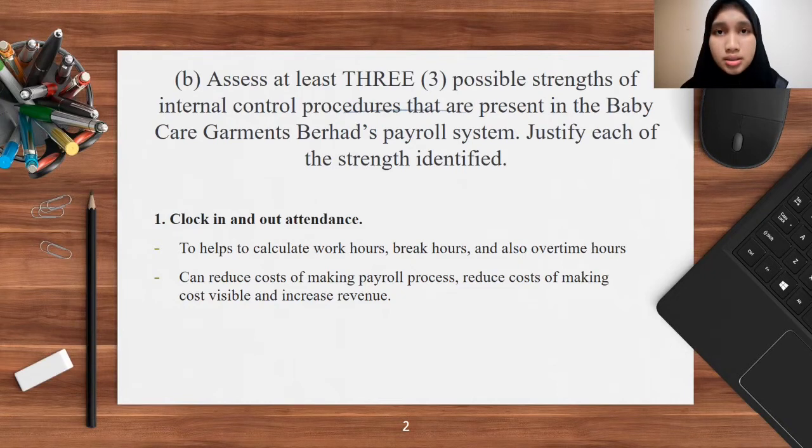Using this system helps to calculate the work hours, break hours, and attendance hours of the employees in the company. It can also reduce the cost of the payroll system and increase the revenue.